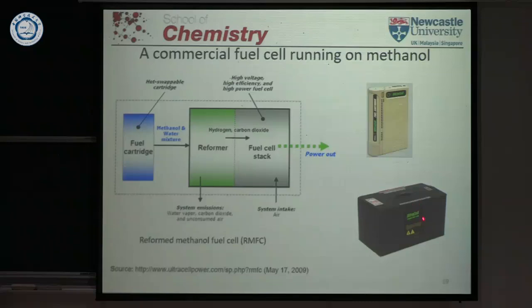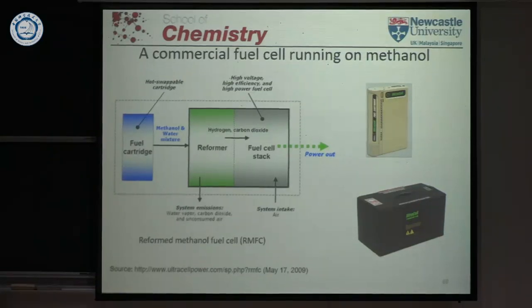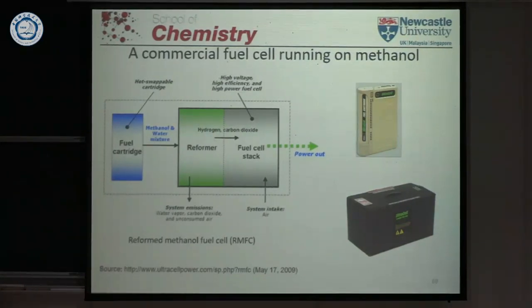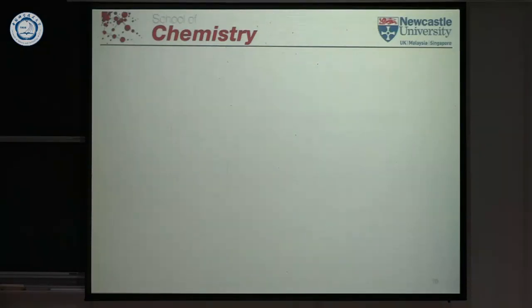Here you see 2 examples. So that would be the application where you can use a fuel cell on the one hand, but use a non-hydrogen fuel on the other hand, and you make the hydrogen with a reforming process. And the reformer plays a very important role in providing the hydrogen for the fuel cell.